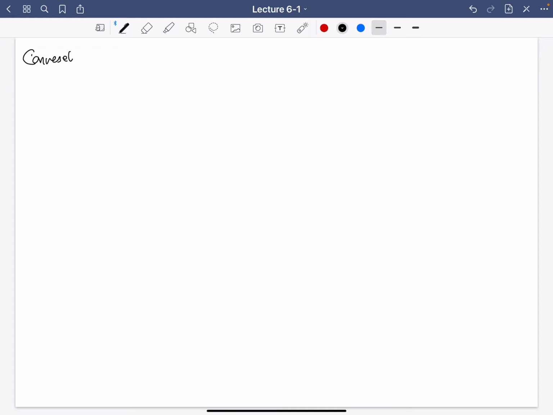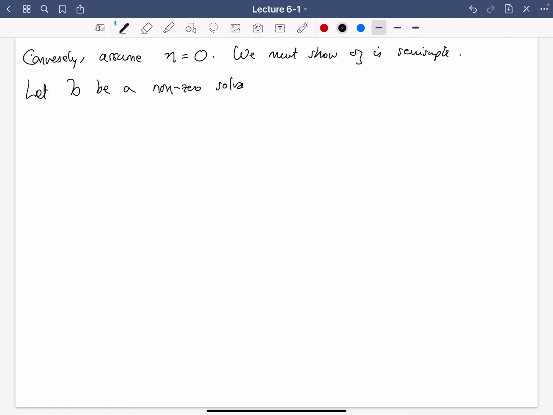Conversely, let's assume that the radical of the Killing form is 0, and we must show that G is semi-simple. Okay, so let's assume it's got some non-zero solvable ideal, and we'll try to get a contradiction out of that.